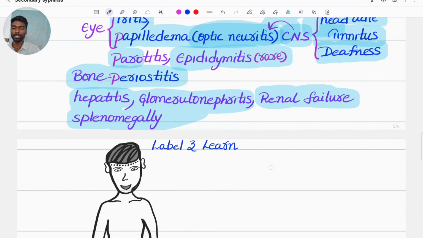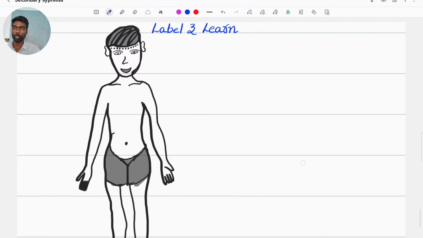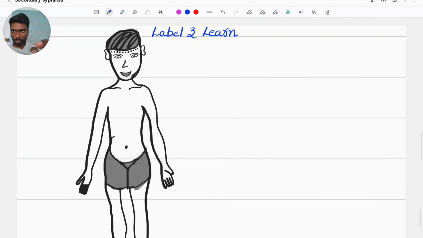We will revise in this diagram one by one from top to bottom. First, over the hair, two types of hair loss. What is that? Telogen effluvium and moth-eaten alopecia, irregular, non-scarring, patchy alopecia.